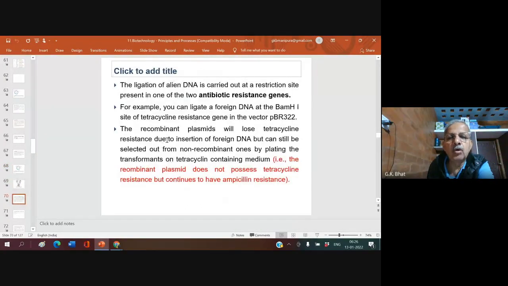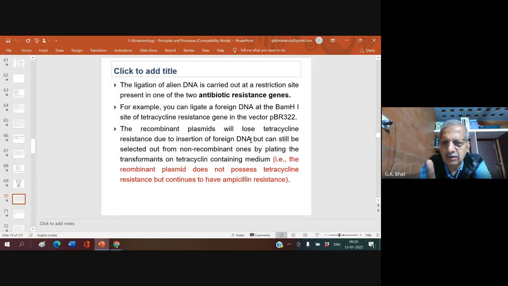So the recombinant plasmids will lose tetracycline resistance due to insertion of foreign DNA. Very important. Whenever something is ligated into the region of a resistance gene, that gene loses its capacity of resistance.